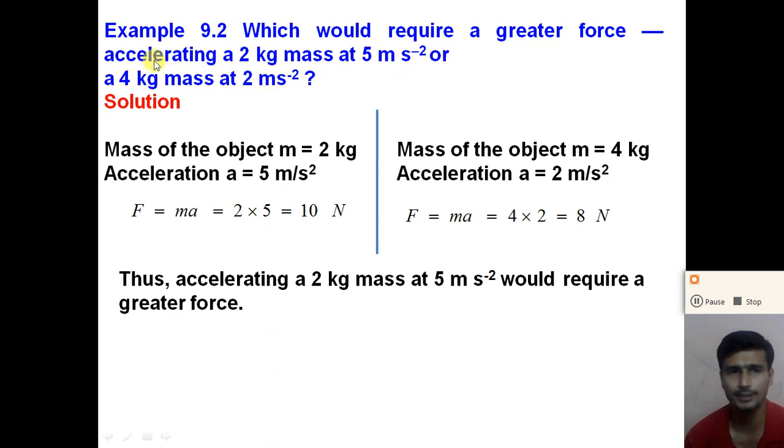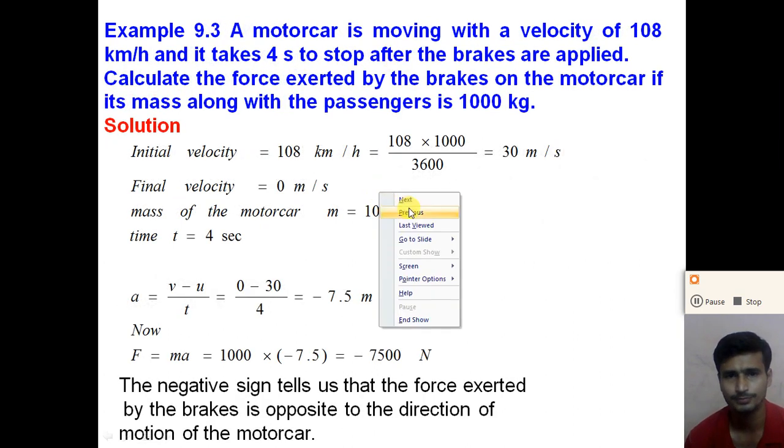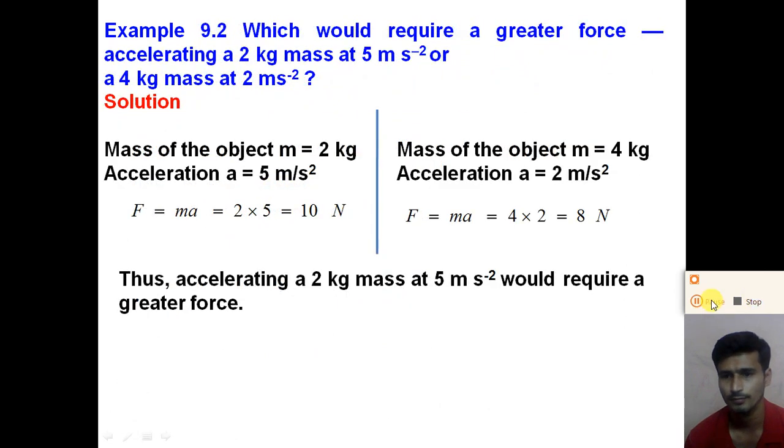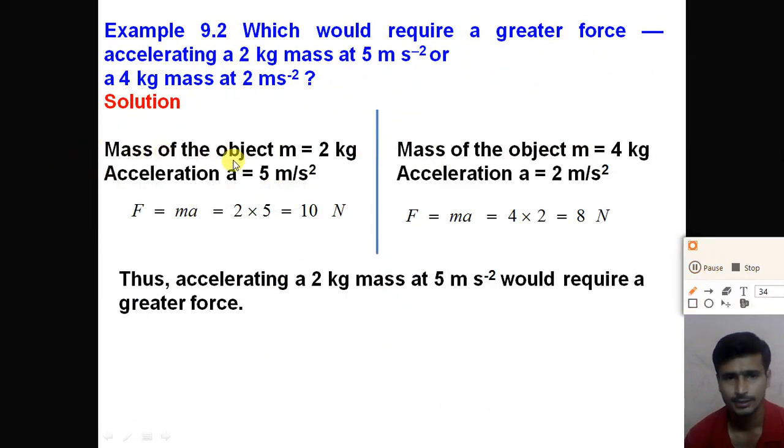Here in the first situation, mass is 2 kg and acceleration is 5 meter per second square. So in the first case, the mass of the object m is equal to 2 kg and acceleration a is equal to 5 meter per second square. According to Newton's second law, F is equal to ma.